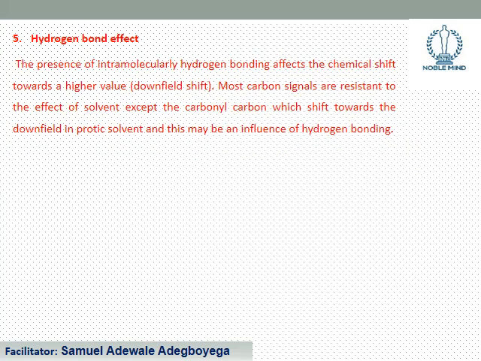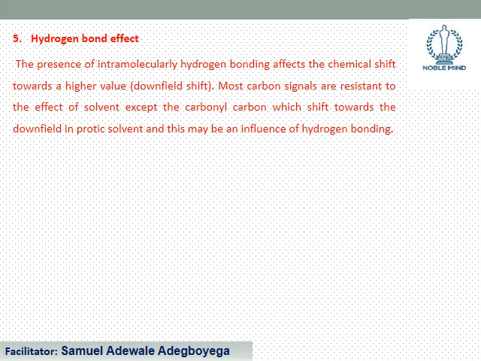Hydrogen bonding effect, that's number 5. So there may be intramolecular hydrogen bonding, which may affect the chemical shift towards a higher value, downfield. You may check this in proton NMR.